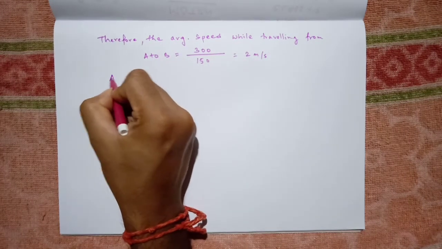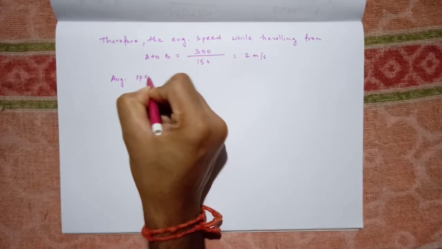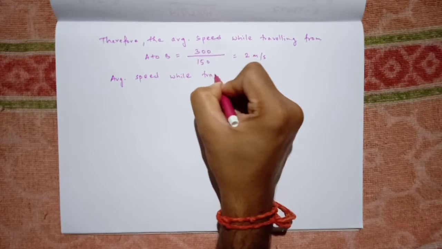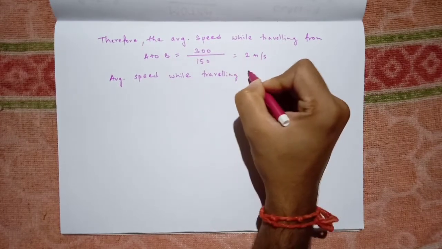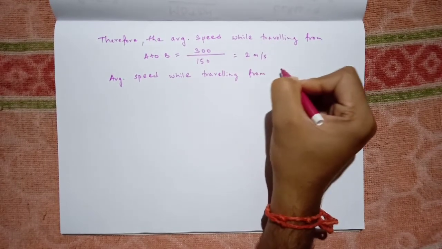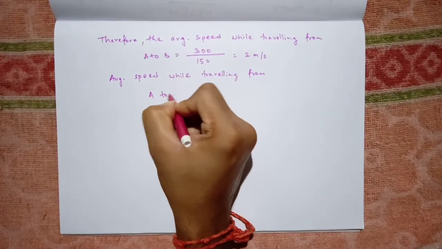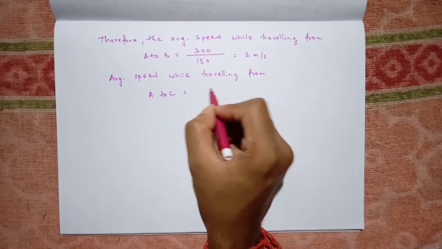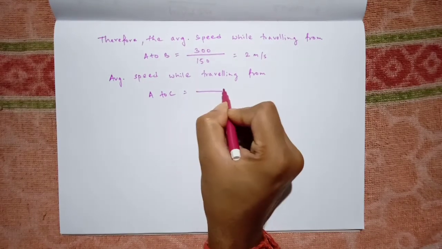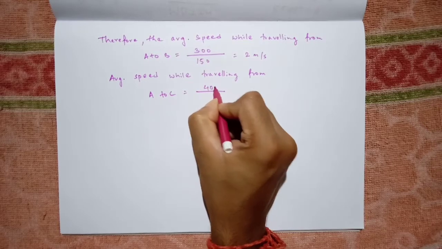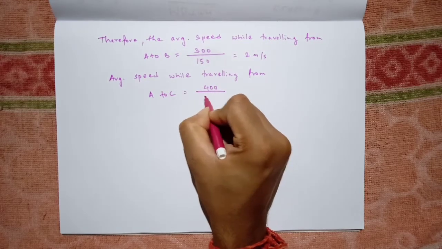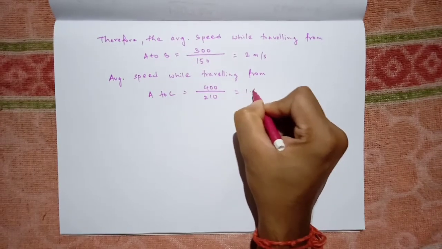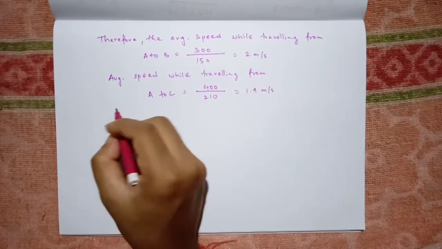Now here, the average speed while traveling from A to C will be the same, total distance traveled by total time taken. The total distance from A to C was 400 and the total time taken was 210 seconds, which is 1.9 meter per second.